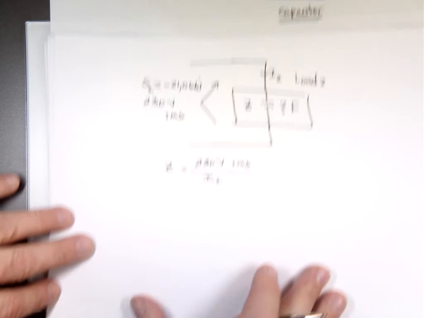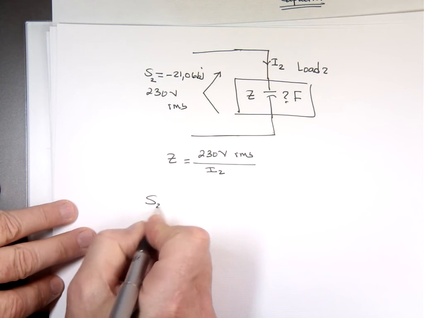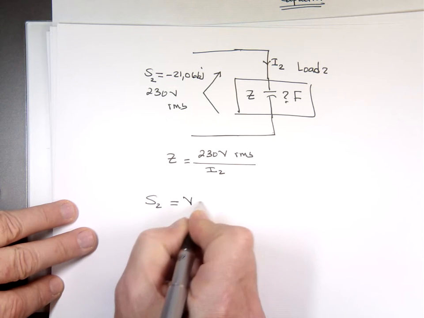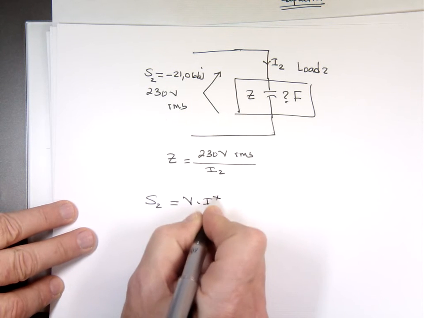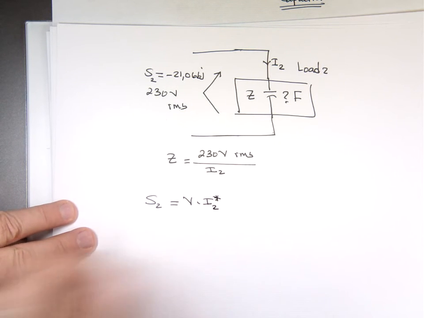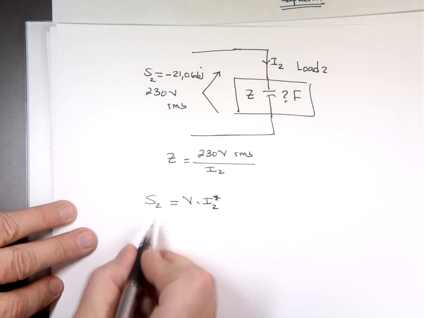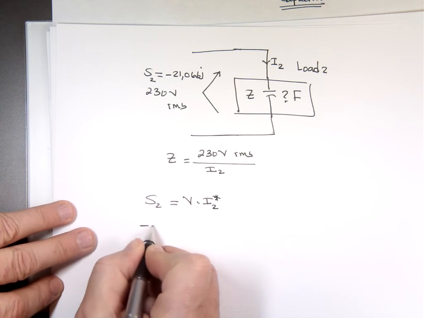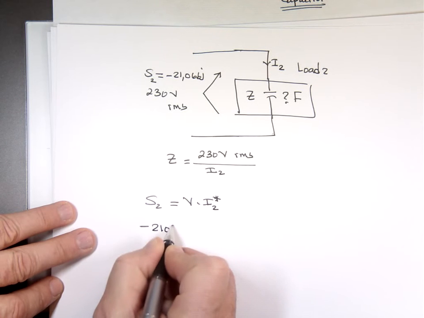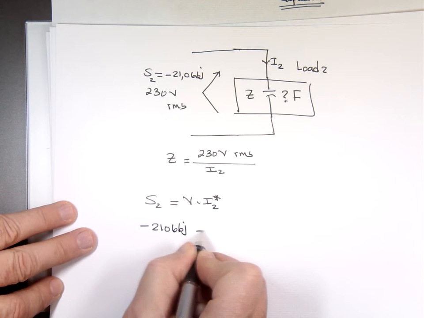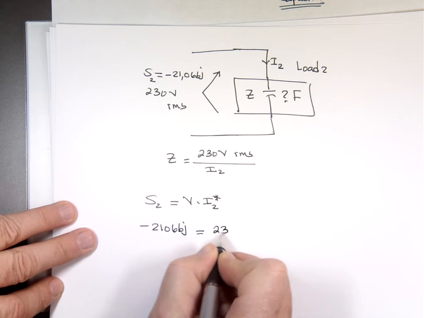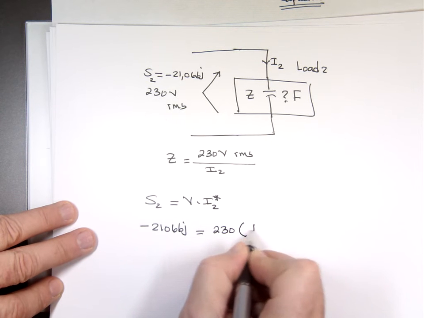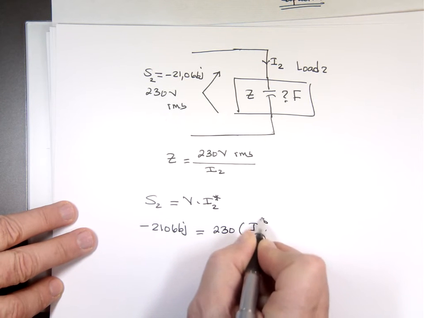What's the definition of complex power? V times I conjugate. I know this is negative 21,066 J. I know that's 230 times I2 conjugate. Can I solve for I2 conjugate?